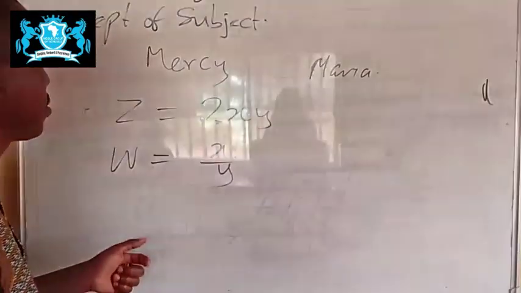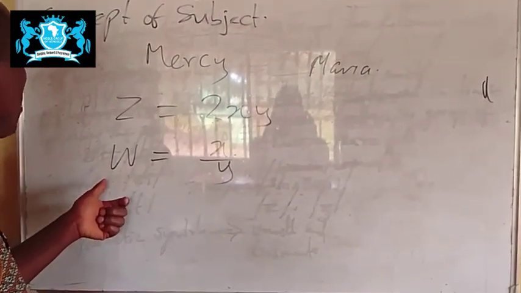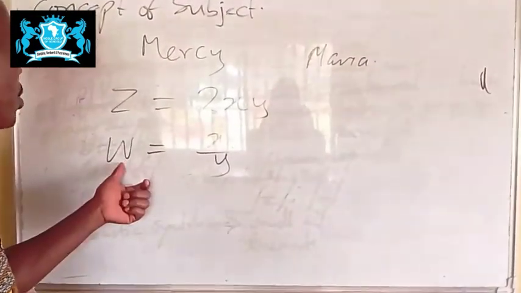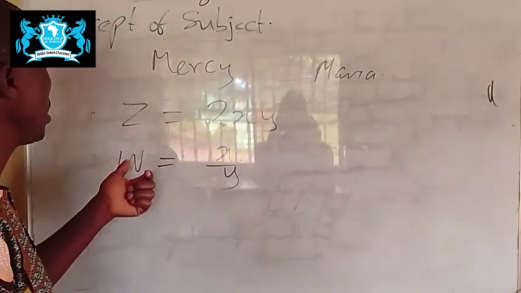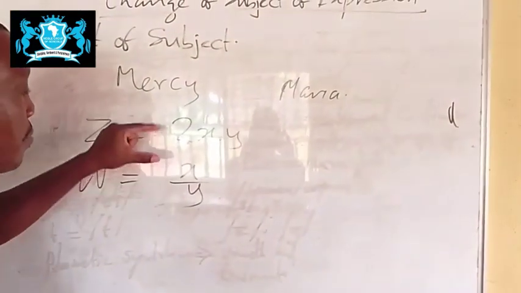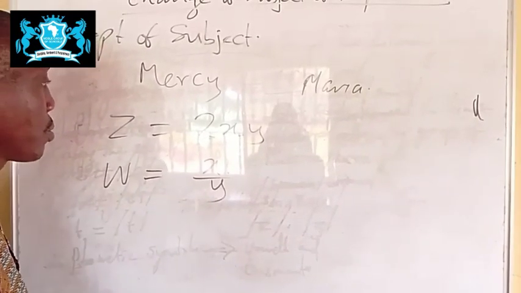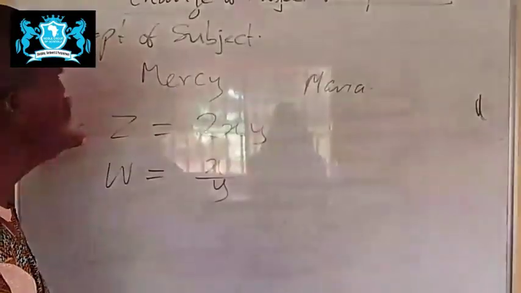Or otherwise, that a variable is said to be a subject of a mathematical expression when it is depending on other variables that are independent in the expression. That is for subject.